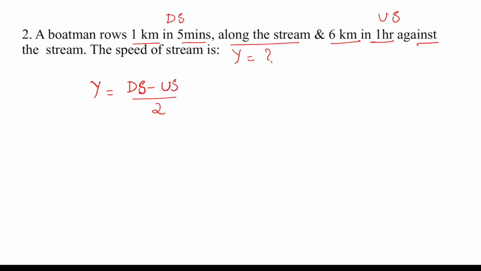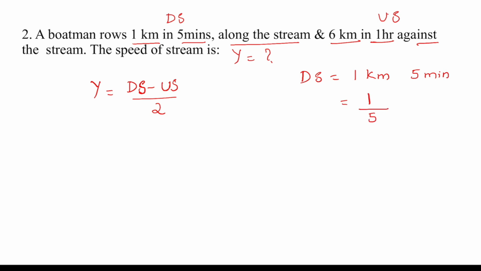So what is downstream speed? It is given as 1 kilometer in 5 minutes. So that means distance is 1 kilometer and time is 5 minutes. So speed is what? Distance upon time. So 1 kilometer divided by 5 minutes.